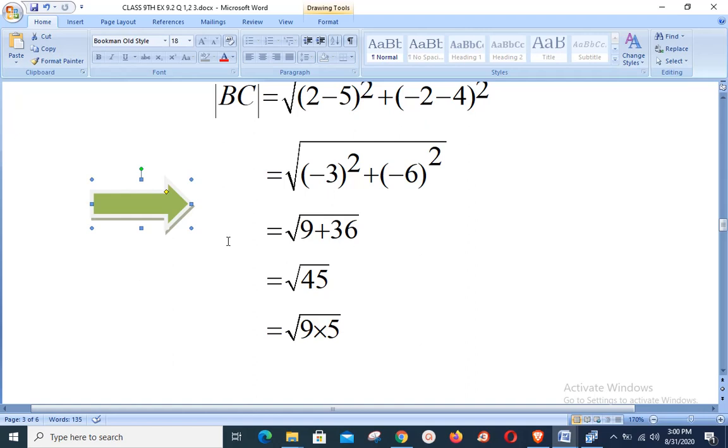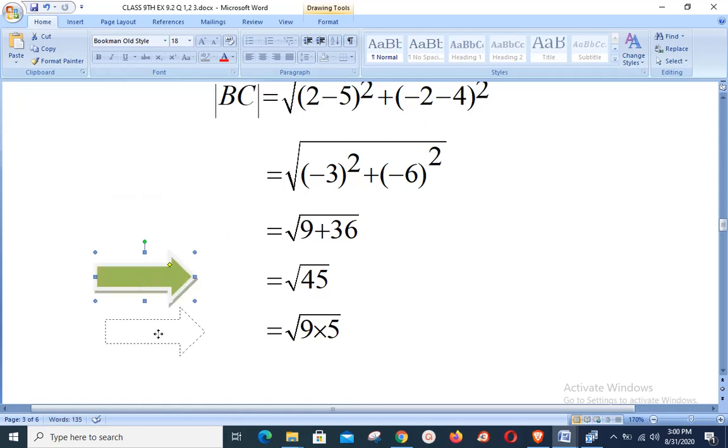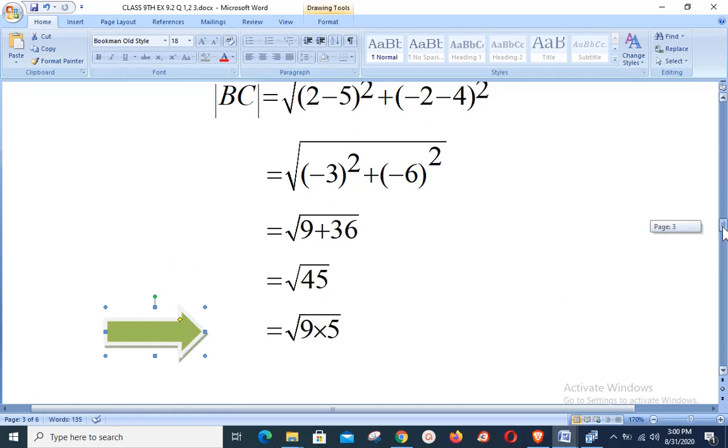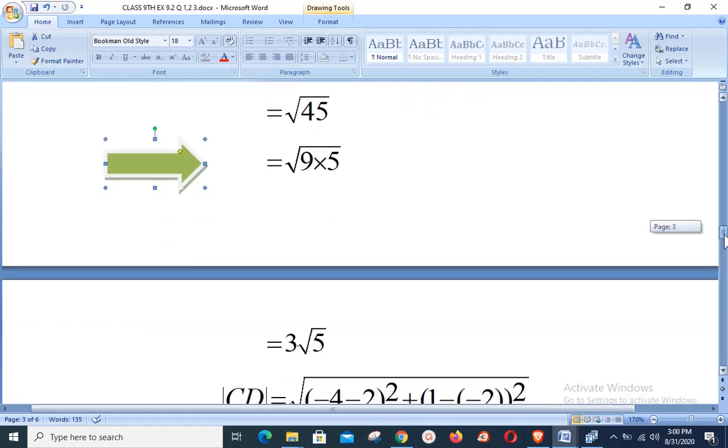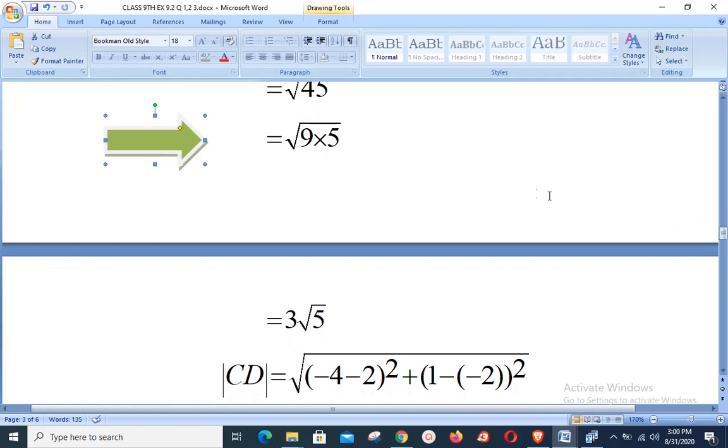Making the addition, again we have inside the root 45, which can be written as 9 multiplied by 5. If you break it in prime factors, you will have 3 into 5. That is the job you have done in your previous classes. Now square root of 9 is 3, comes outside, therefore we have 3 into square root 5, the second value.